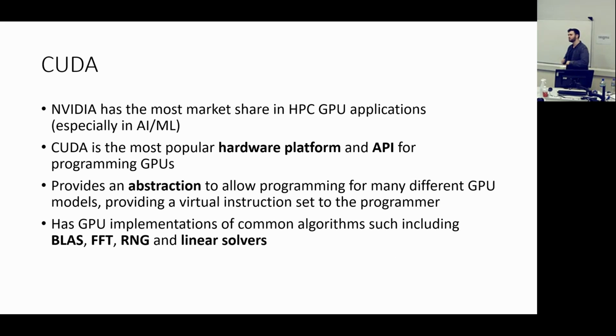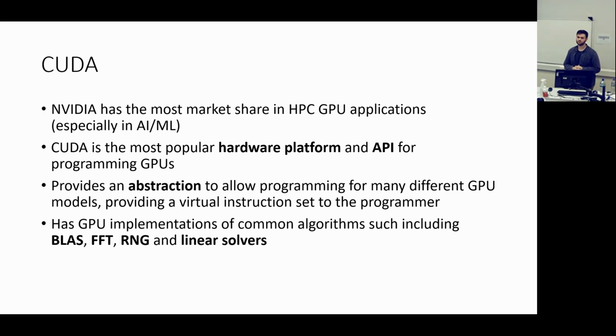CUDA also includes a bunch of libraries written by the people at NVIDIA themselves that provide algorithms for doing your common stuff. Like BLAS, for example, which is your basic linear algebra subsystem: your matrix multiplies, your dot products, your generic operations like that. It also provides an interface for FFT, fast Fourier transforms, which is quite common, and they're quite hard to implement yourself efficiently, so they give you some implementations for that.